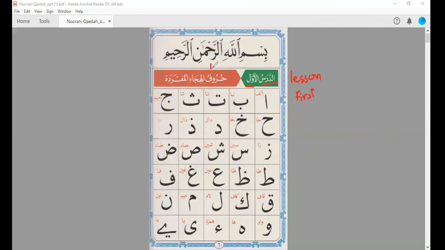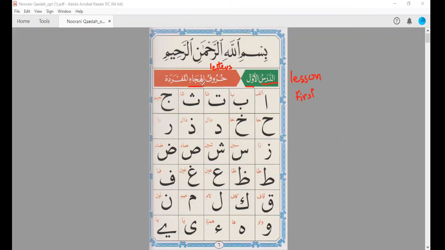Huruf is letters. Al-hija is the pronunciation, or say connection. So let's say it's like spelling, connecting the letters. حروف الهجاء. Do not say huruf with the wrong ha, say حروف.